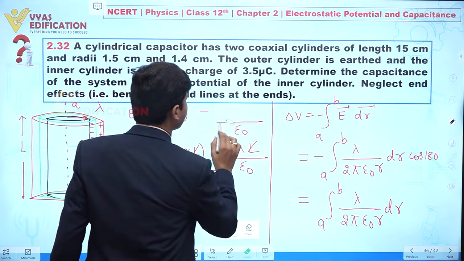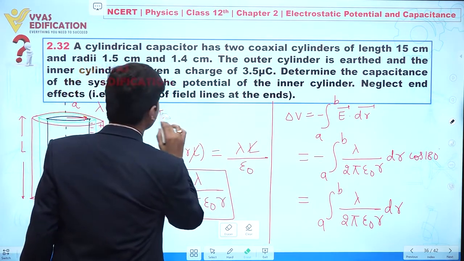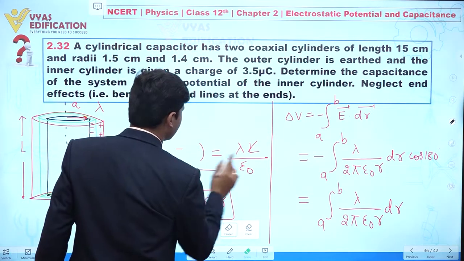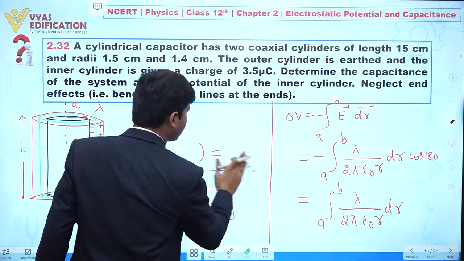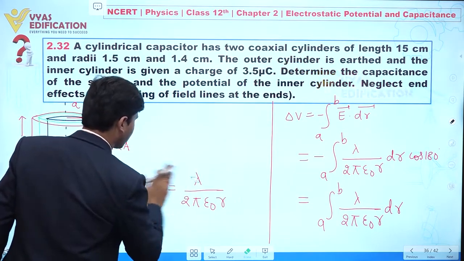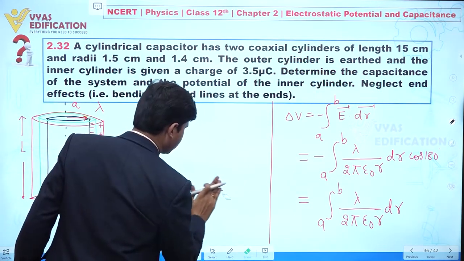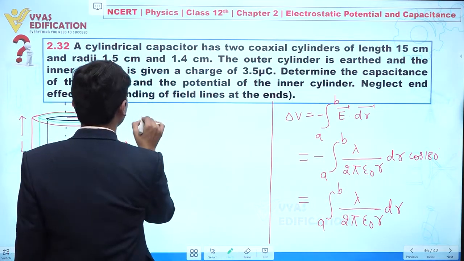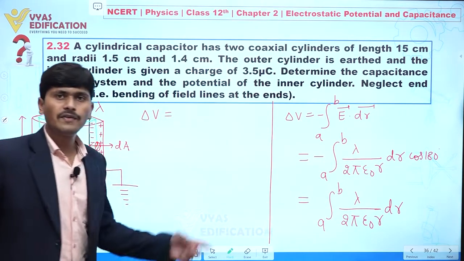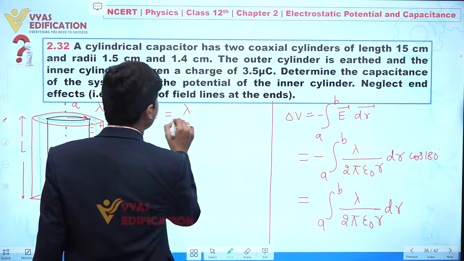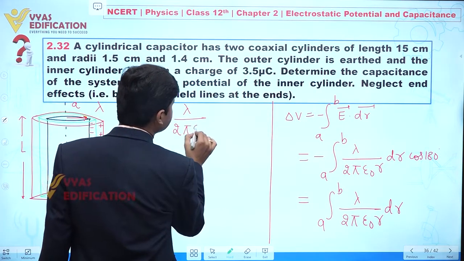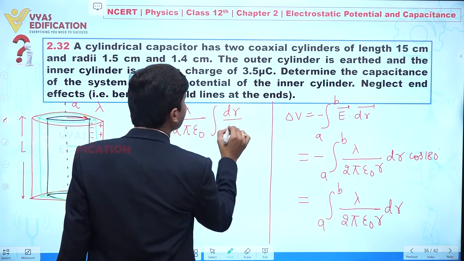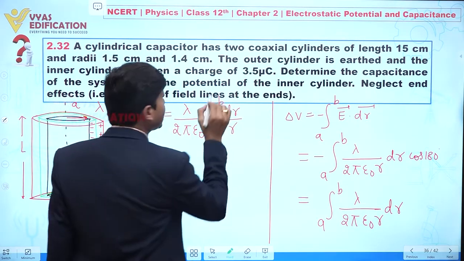Now if we calculate the value of delta V, how can we calculate? Listen carefully. Yes, now we can write the value of delta V. We can take common lambda upon 2 pi epsilon naught, and the integral of dr by r from a to b. Clear?